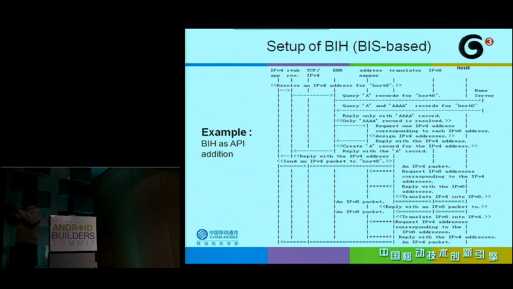The IPv4 IP package will be intercepted and set up with the IPv6 IP package, and use the IPv6 package to communicate with the host 6, and re-intercept the IPv6 result to an IPv4 package and return to the IPv4 application.